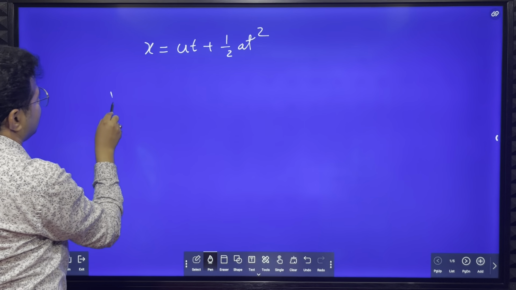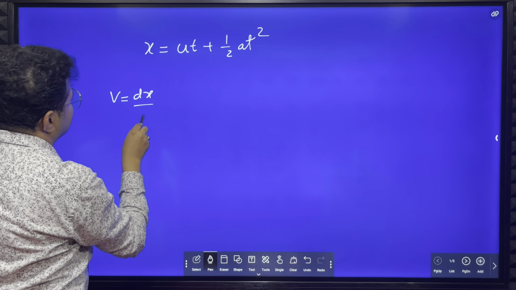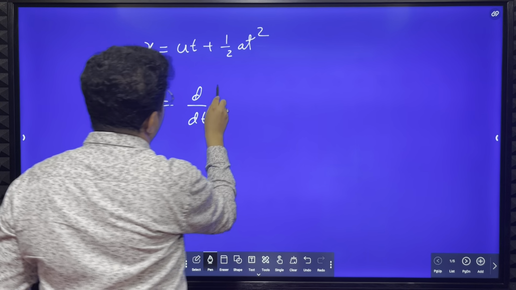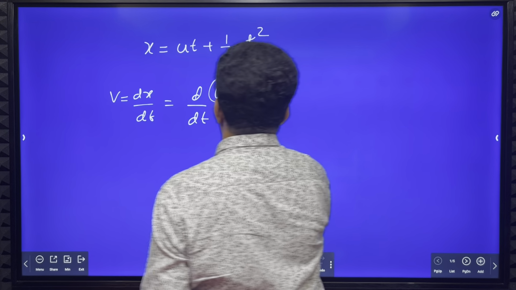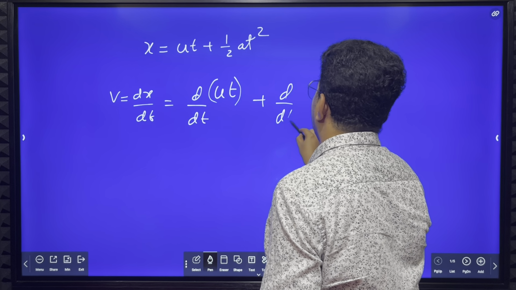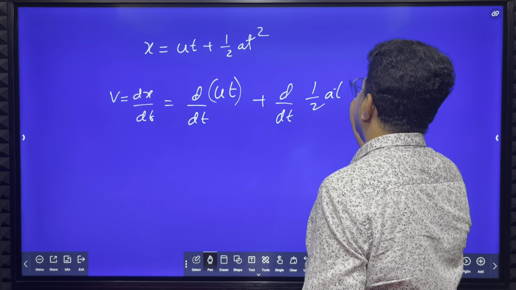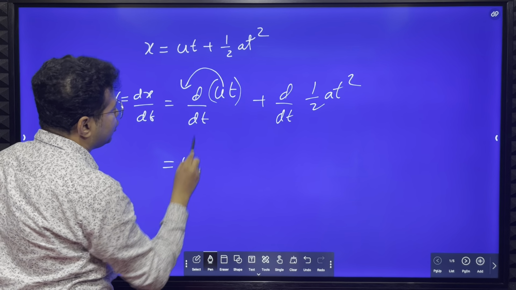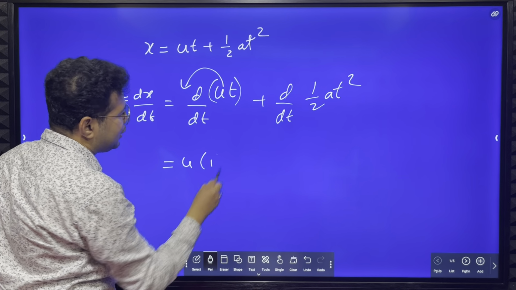Velocity is equal to dx by dt, is equal to differentiation of ut with respect to t plus differentiation of half at square. u is a constant, comes outside. u into what is dt by dt? dt by dt is 1.